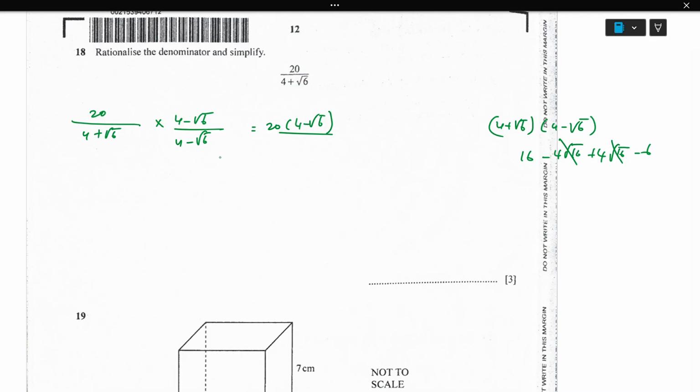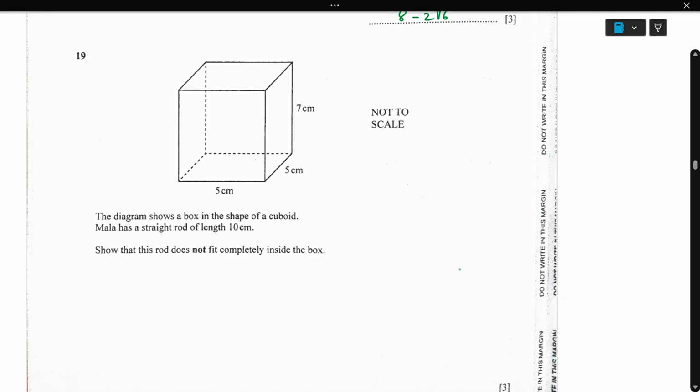This and this cancel. 16 minus 6 is 10. So this becomes 2, and 2 times (4 minus root 6) is 8 minus 2 root 6. That's the final answer, 8 minus 2 root 6.